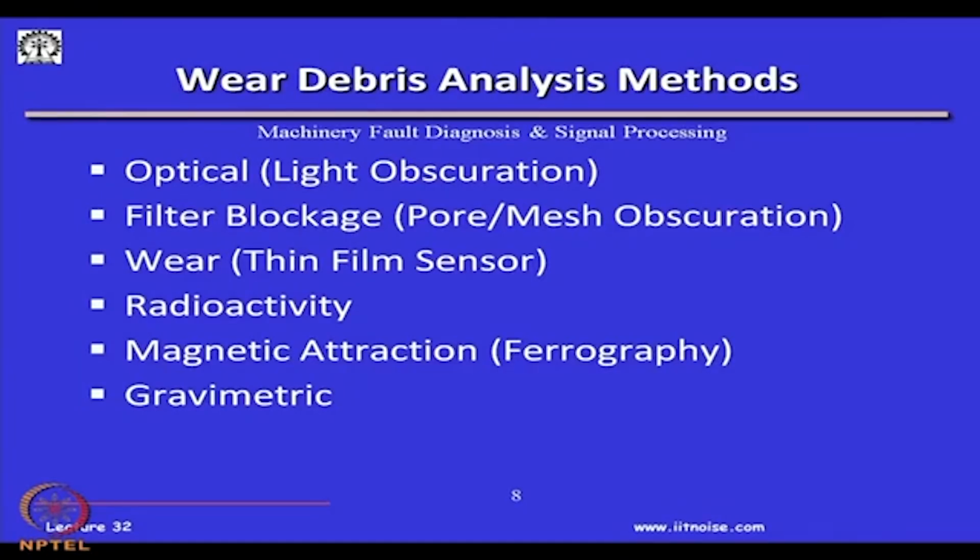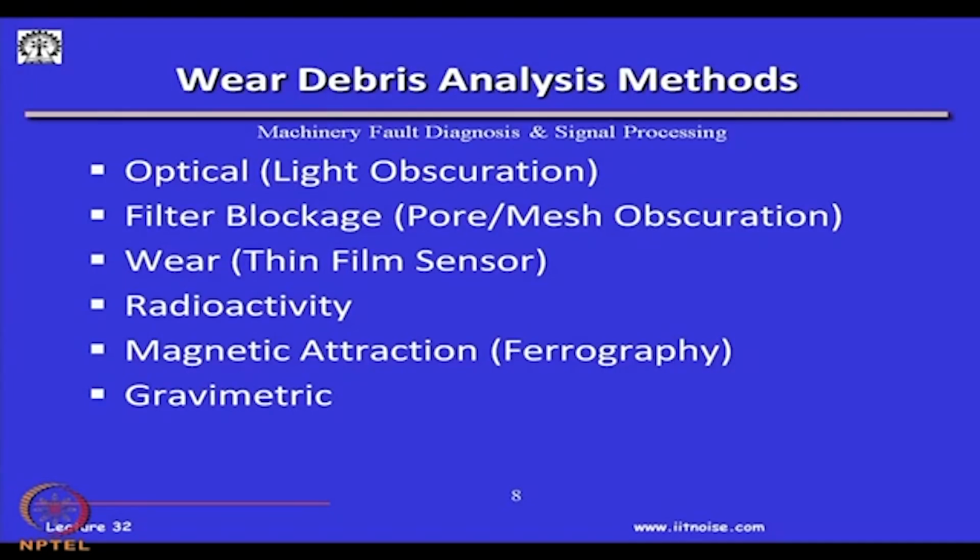Before I go into spectroscopy, I will tell you some of the wear debris analysis methods. Basically, wear debris analysis is done for particles which are above 5 microns and beyond, so I could see it under an optical method.